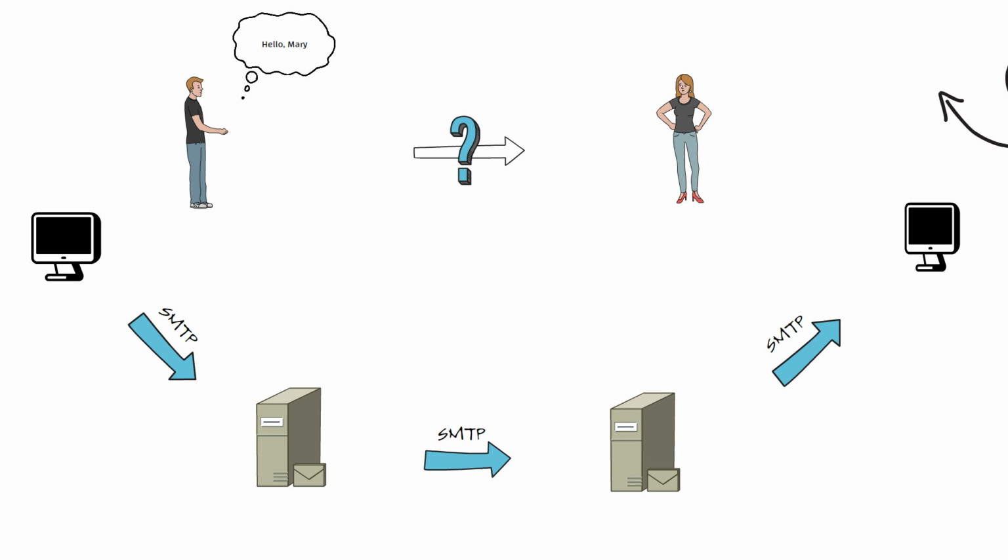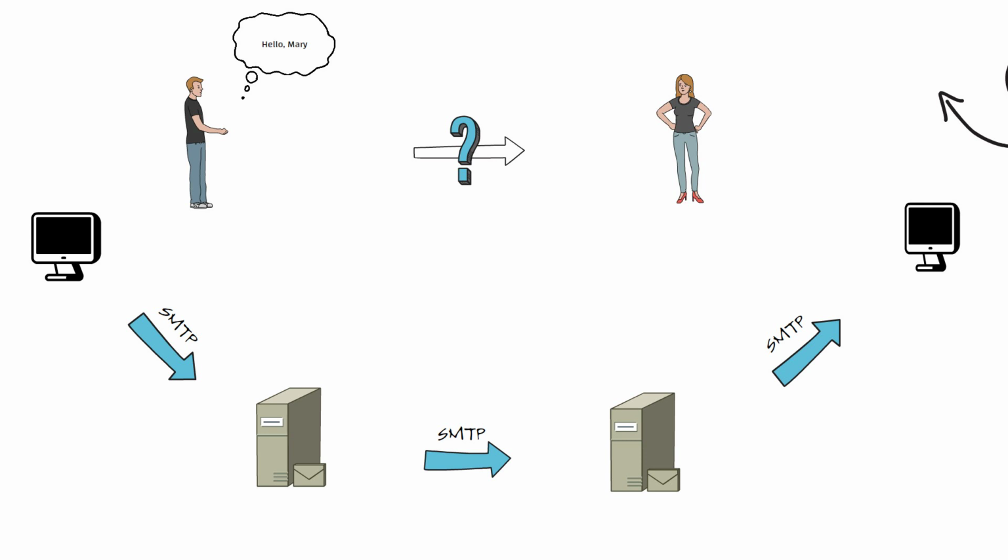His user agent sends the email message to his mail server, where it is placed in the message queue. The client side of SMTP opens a TCP connection with Mary's mail server. The SMTP client sends Mike's message over the TCP connection.